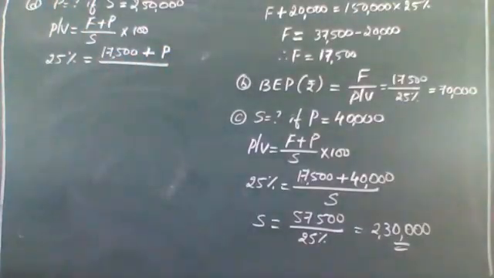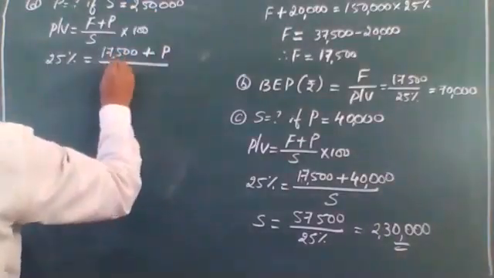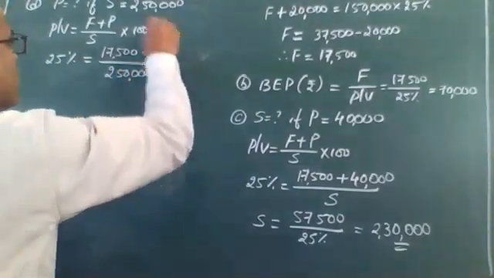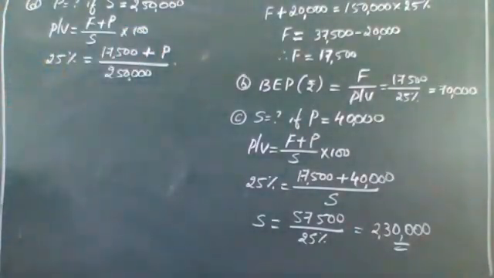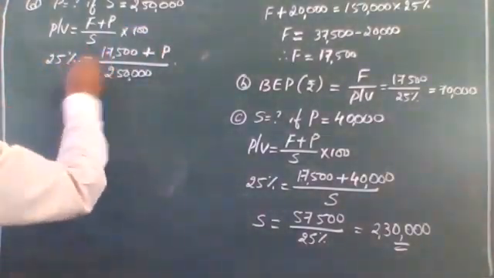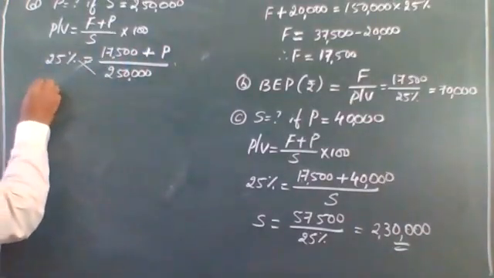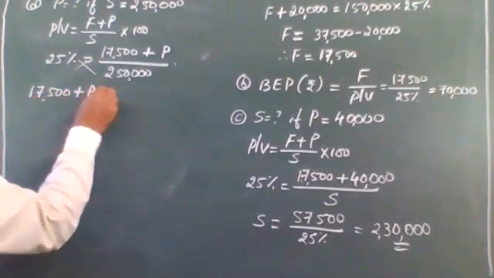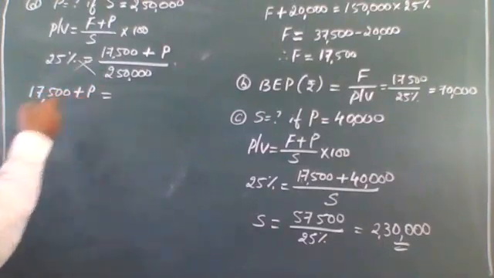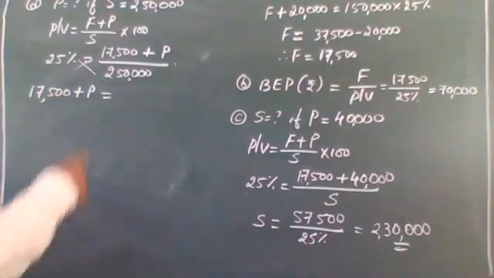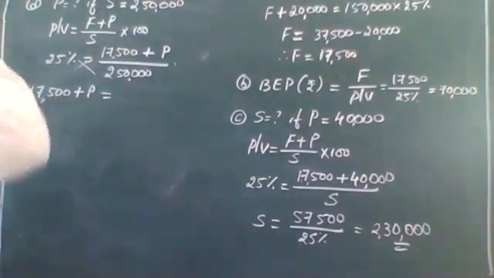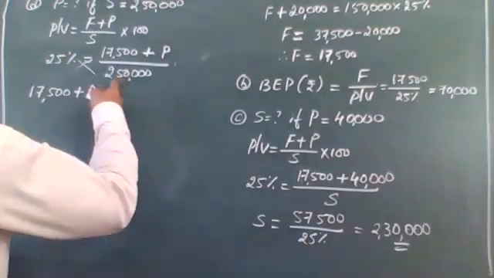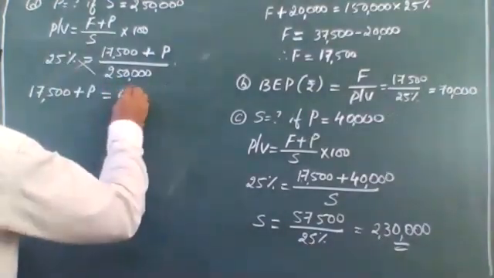My sales is given in the situation: 2,50,000. I need not multiply by 100 because it is a percentage. So this time I am going to bring the 17,500 plus P to the left hand side so that I can find P easily. 2,50,000 multiplied by 25% is around 62,500.